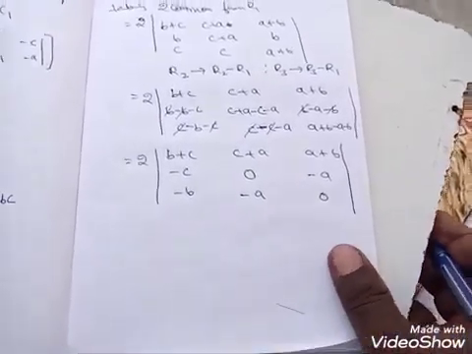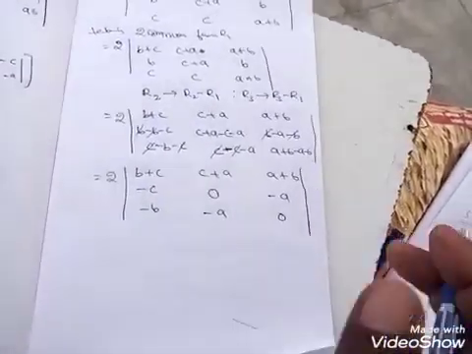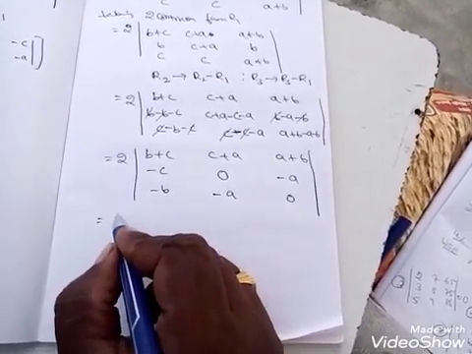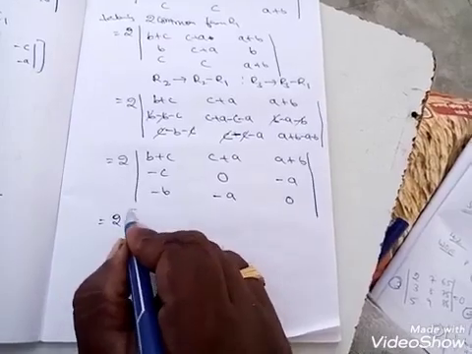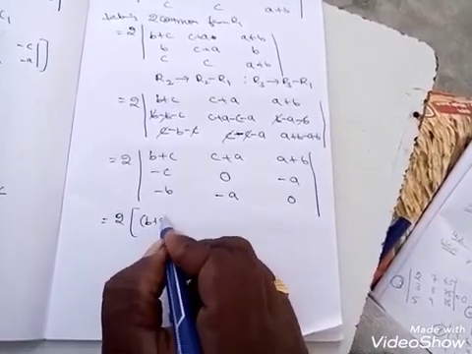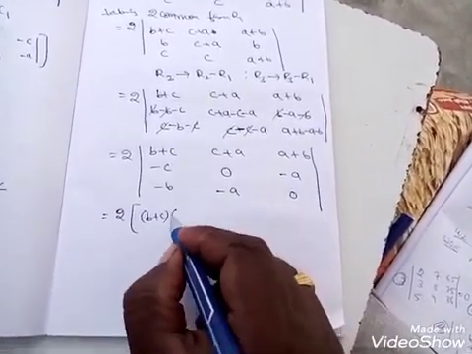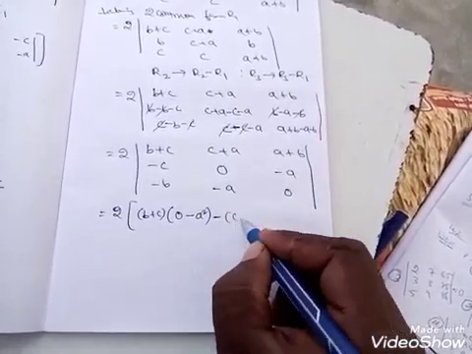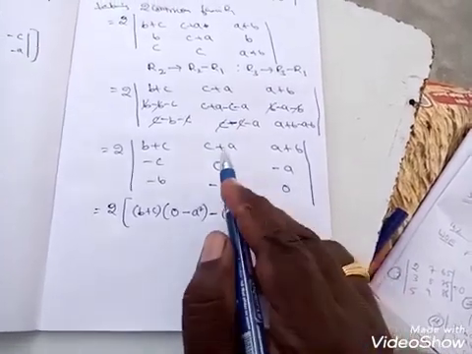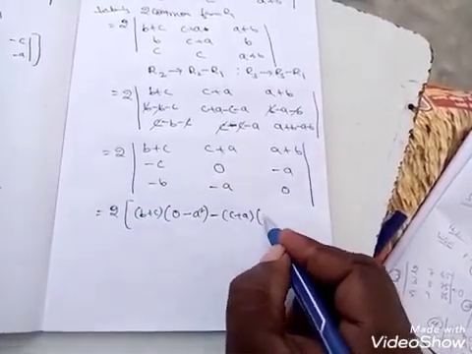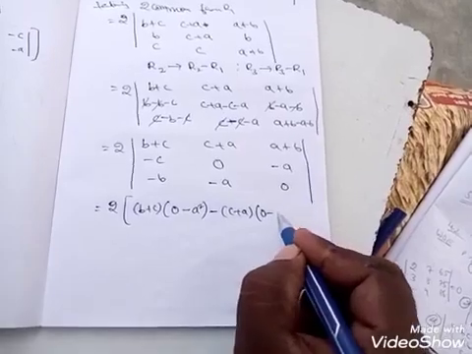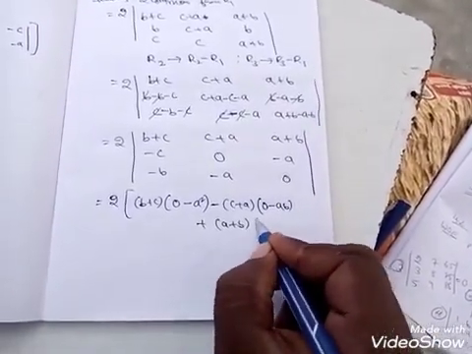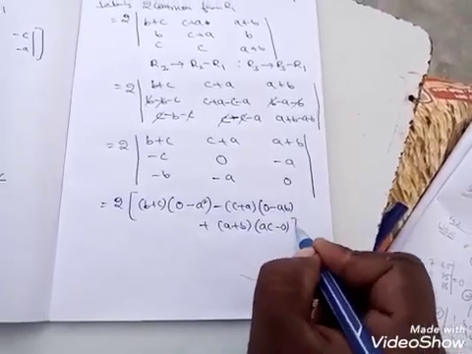Now expand with any row or any column. What I am doing here now is expanding with respect to row 1. Therefore 2 into, what you are going to get, (B plus C) into the determinant of 0 into 0, 0 minus A squared, minus (C plus A) into, what you are going to get, 0 minus, and minus, plus, into minus, minus AB, plus (A plus B) into, what you are going to get, AC minus 0. Expand all this.